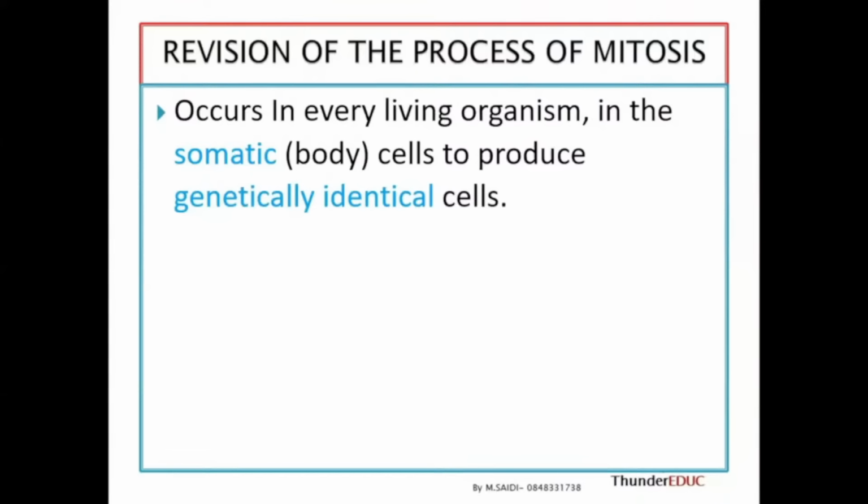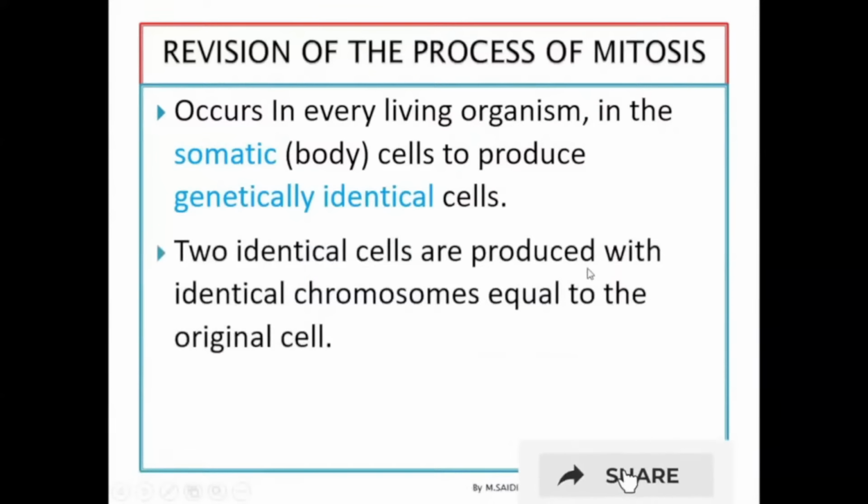Basically, why do they do that? Because these cells undergo what you call mitosis. They are genetically identical. The meat from your bum is exactly the same as the meat from your face in terms of genetic composition.